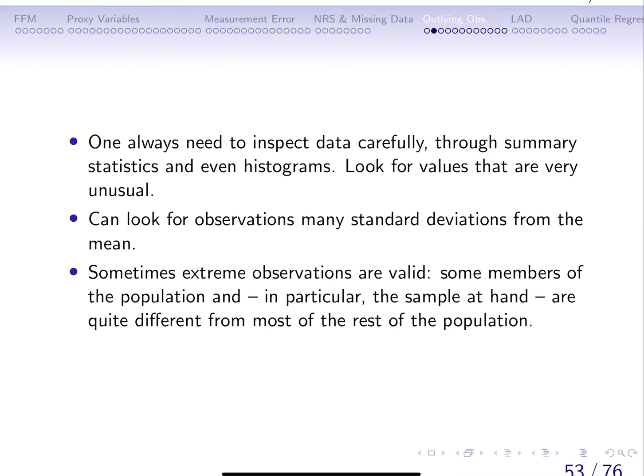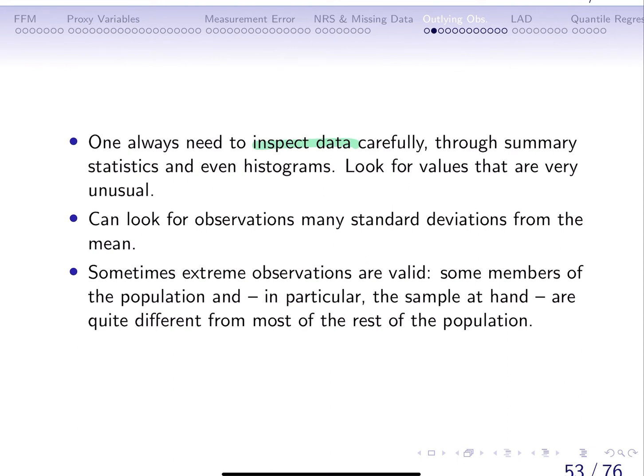One way to deal with this is to always inspect the data. I've told you before that it's always good to visualize your data. I think you did an exercise last week. Visualization is good because it tells you where the clusters are and what the outlying observations are.